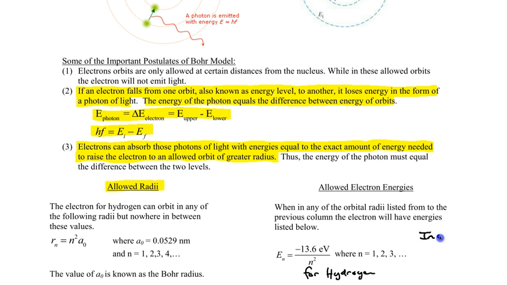In general, for most atoms, you can say that E sub n, if you were to apply Bohr's model, is simply E sub 0 divided by n squared. You may also notice that there's a negative here. The energy is negative since the energy of the atom with the electron being bound to the nucleus is less than the energy of the ionized atom.